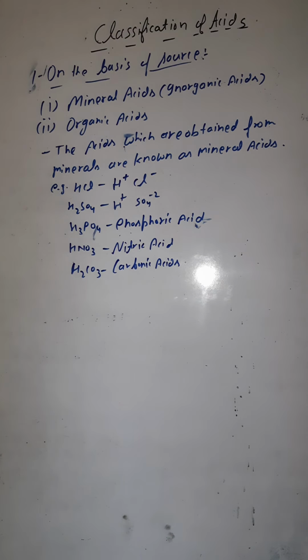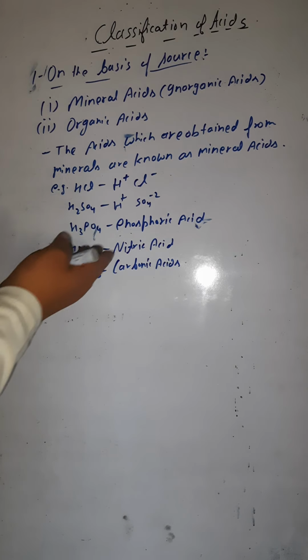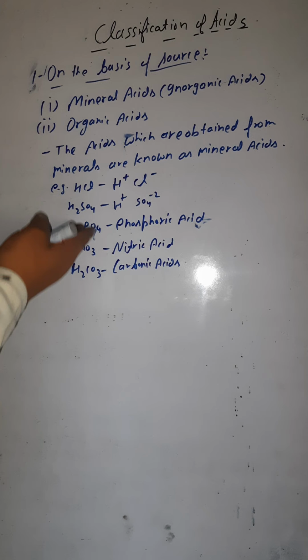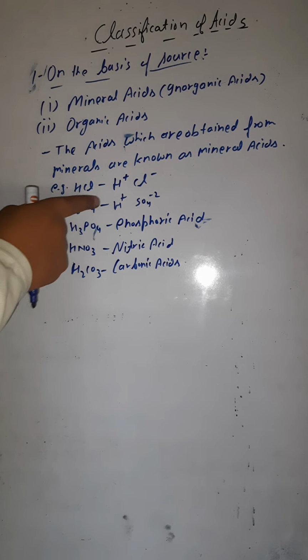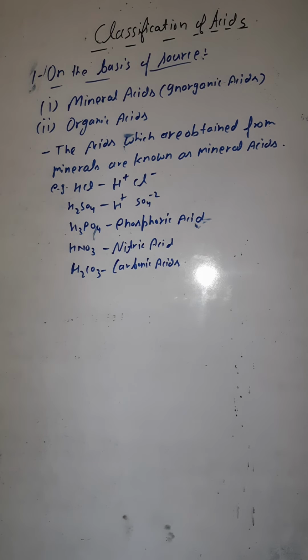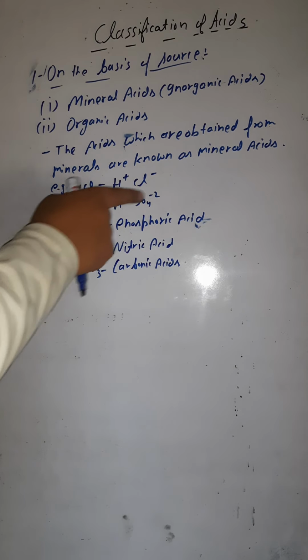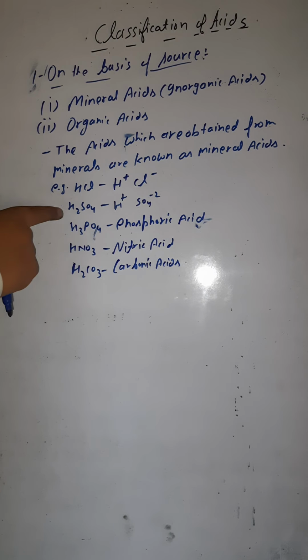That is why we call them acids. Why have I written H2SO4? The valency of SO4 is minus 2, so that is why H2 has been written here.